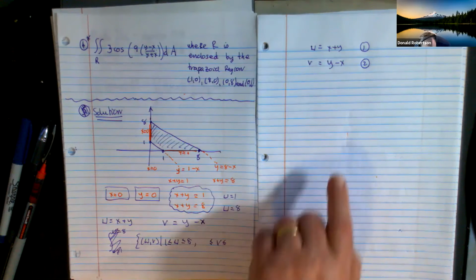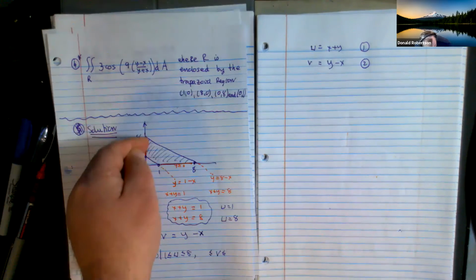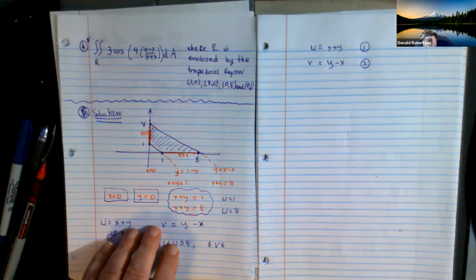But the reason I need to do it is because I do not know what these two lines are in terms of U and V, so I can get this.